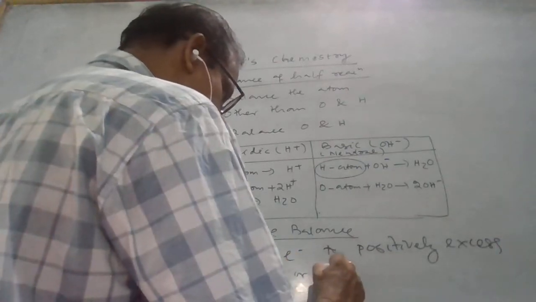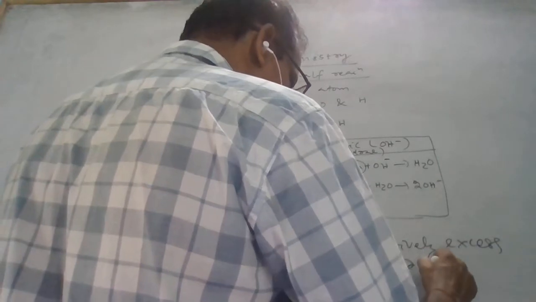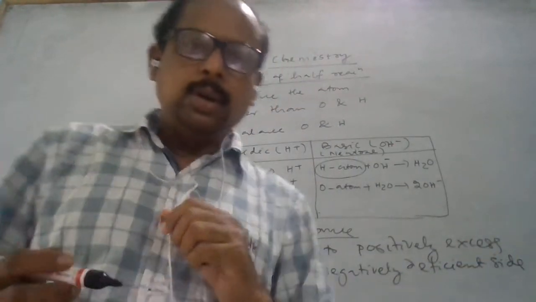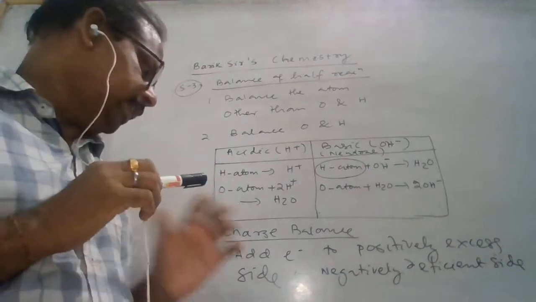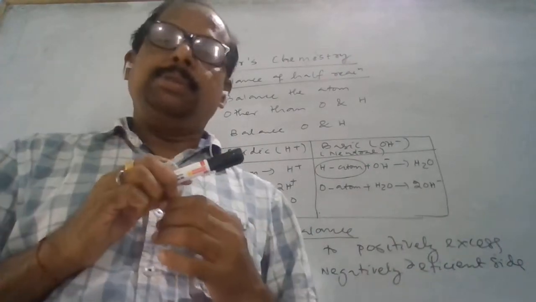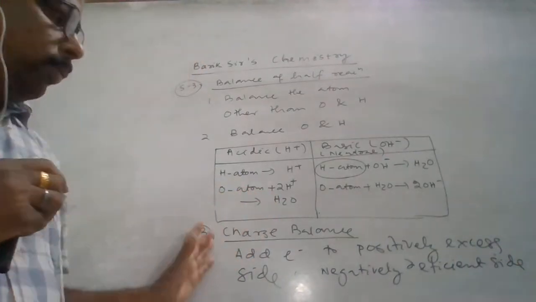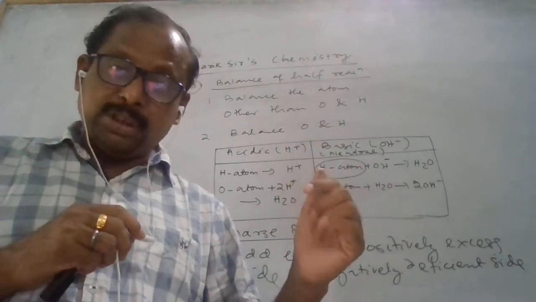Or add electron to a negatively deficient side. So you have to add electron to the positive excess side, the side which contains more positive charge.